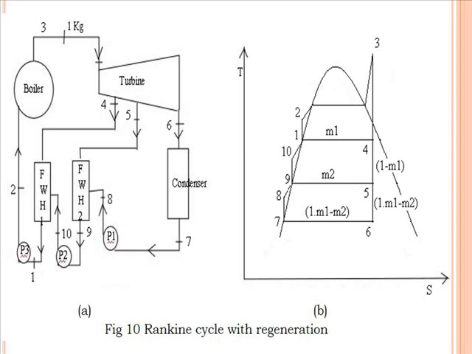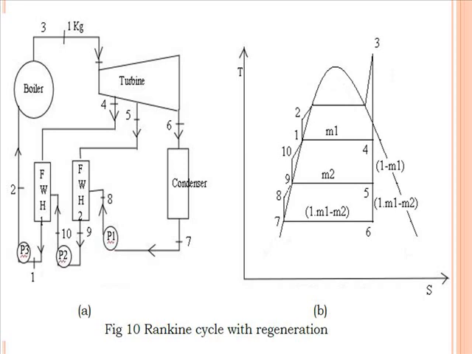The remaining mass, that is 1 minus m1, is expanded, and again at stage 5, m2 kg is extracted and supplied to feed water heater number 2. The remaining mass, that is 1 minus m1 minus m2, enters the turbine for full expansion, and after that it comes out from the turbine at stage 6.